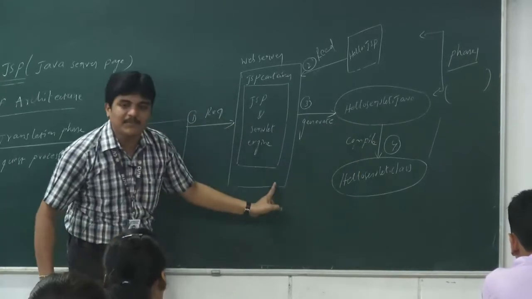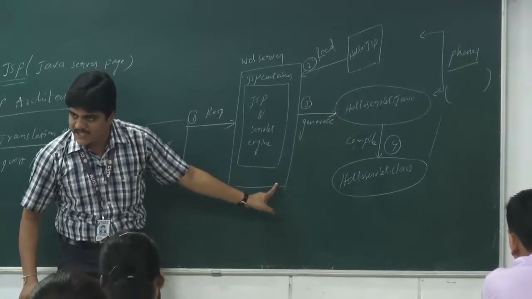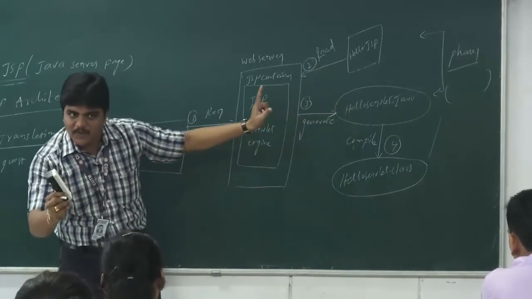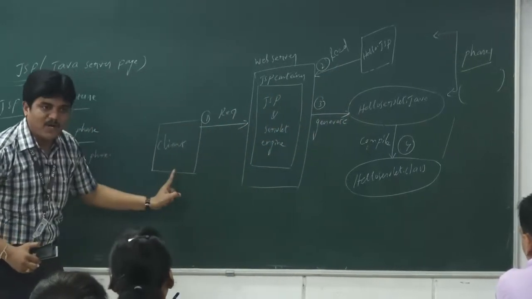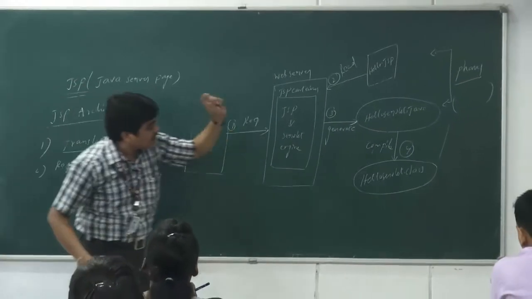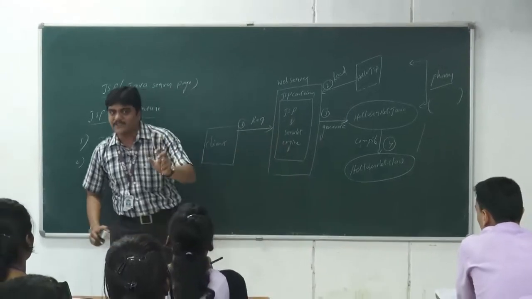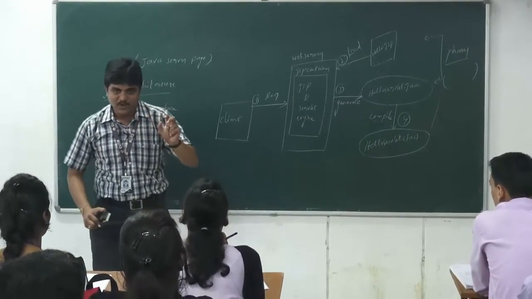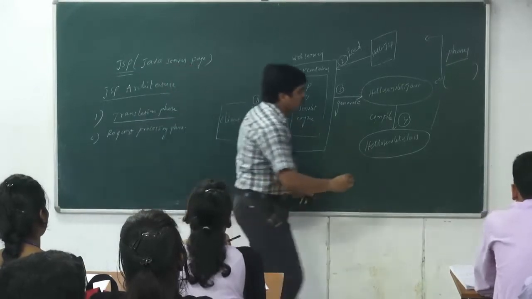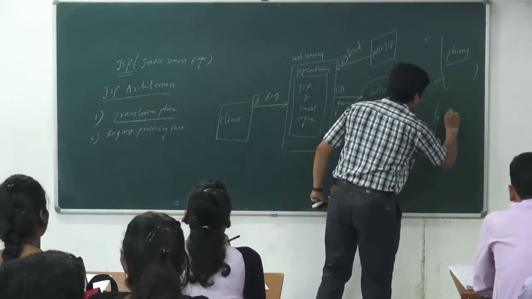After that it simply executes that code. First the JSP converts into the servlet program, and in order to generate the response for the client request, that servlet application must be compiled as well as executed. That is done at the second phase.